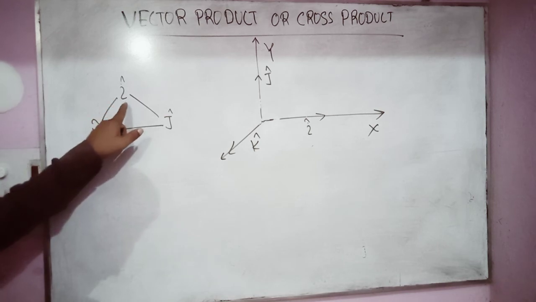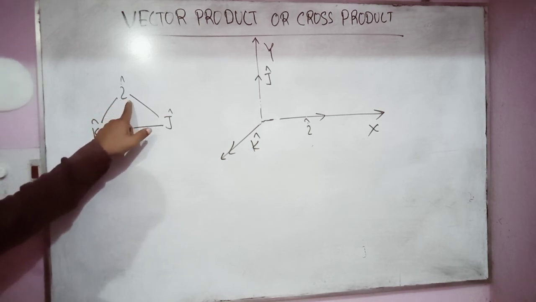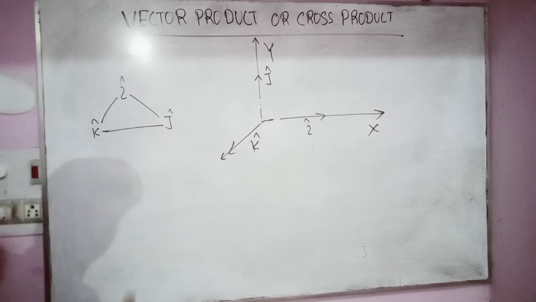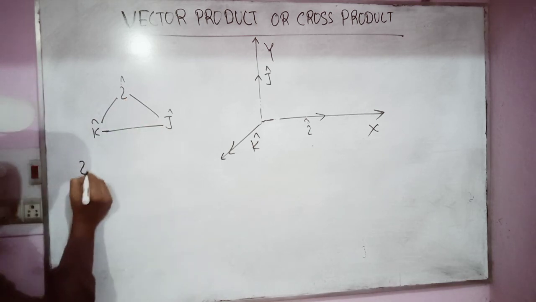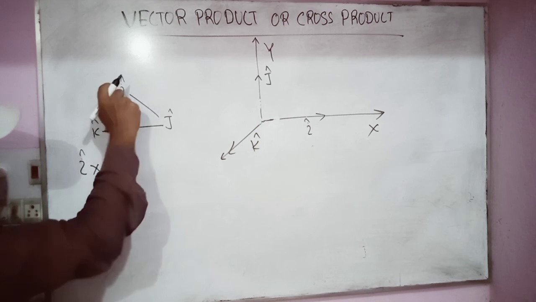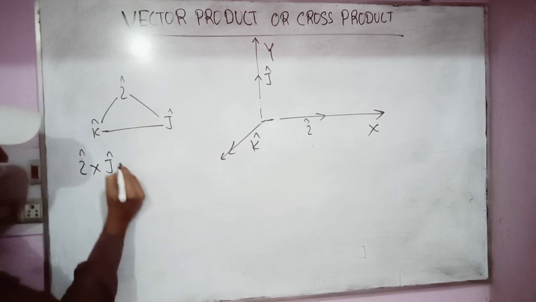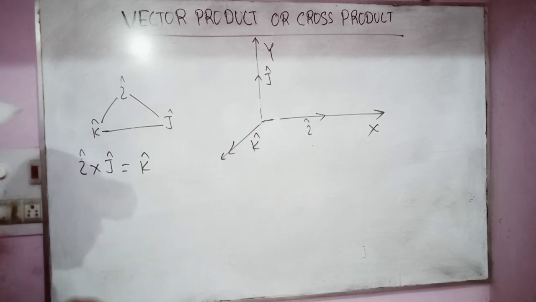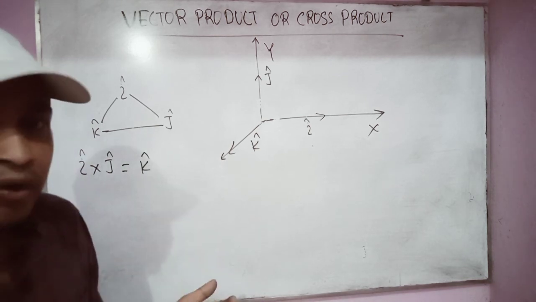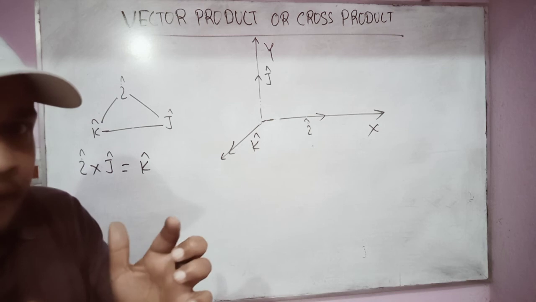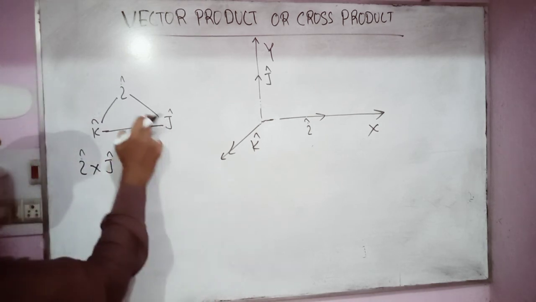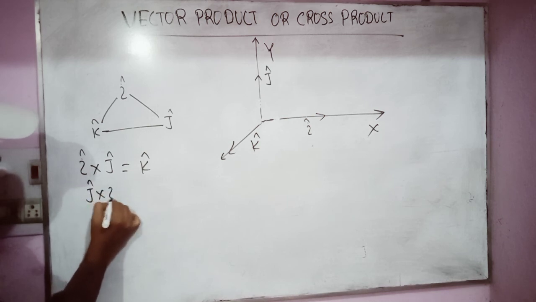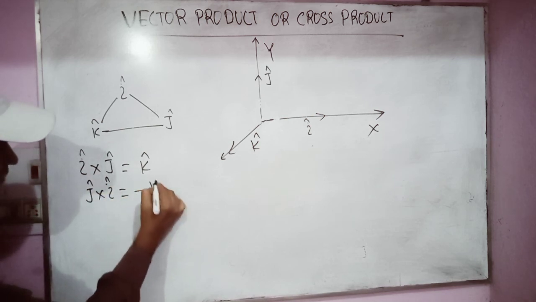Now if I take the cross product of two unit vectors in clockwise order, suppose i cross j, then it comes out to be equal to the third vector k cap. And if I take the cross product of two unit vectors in anti-clockwise direction, that is j cap cross i cap, then it comes out to be minus k cap.